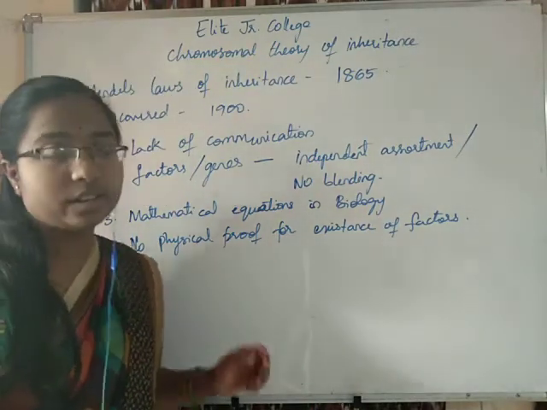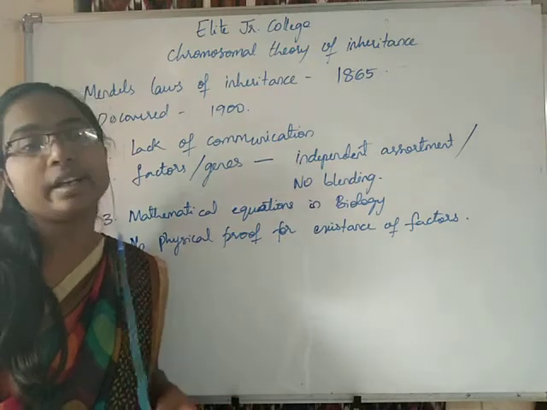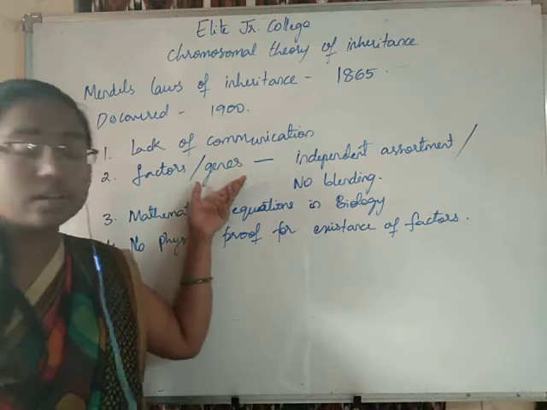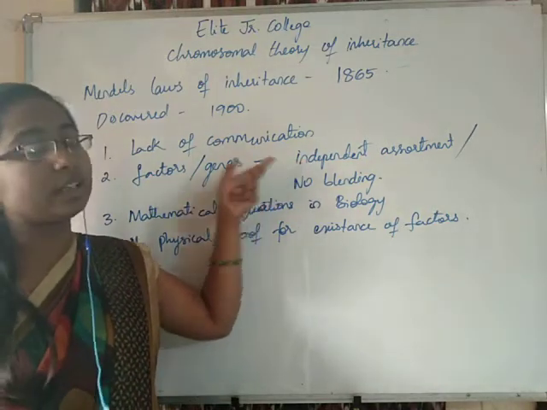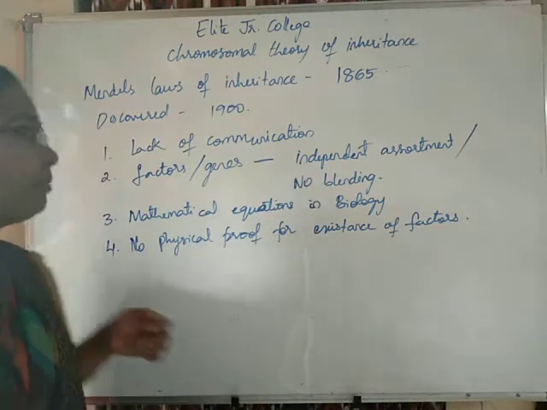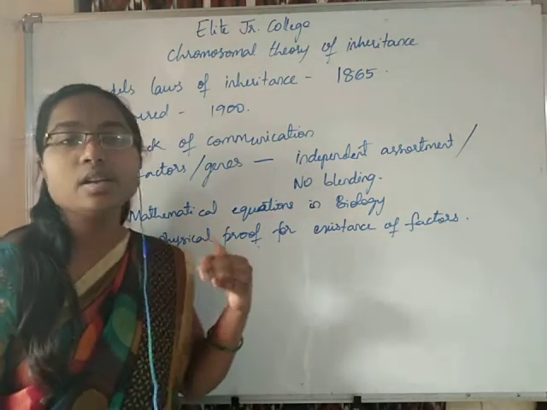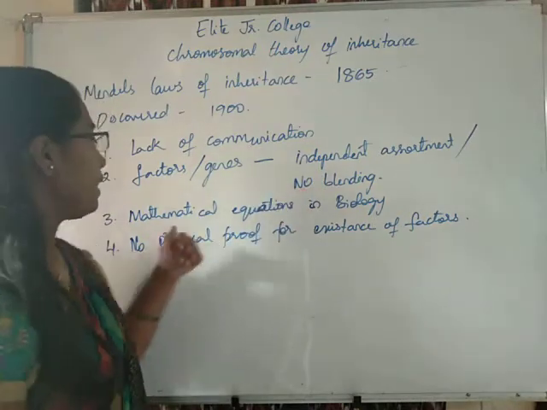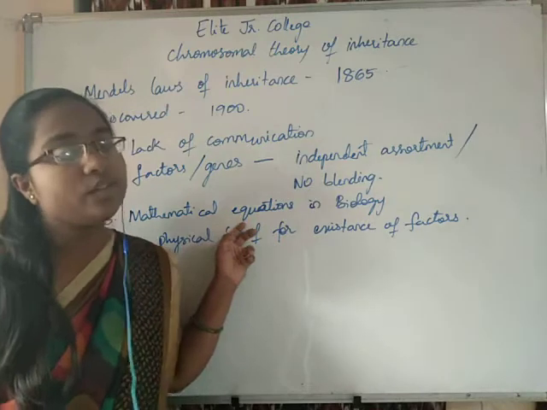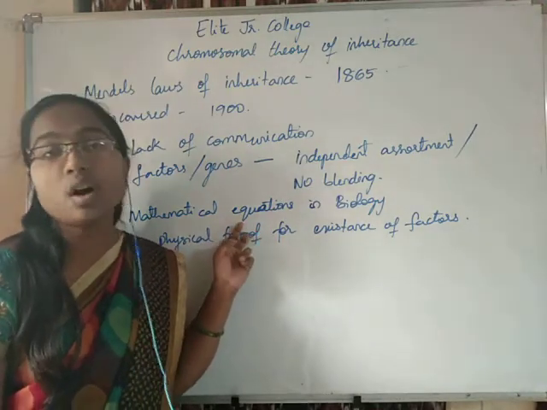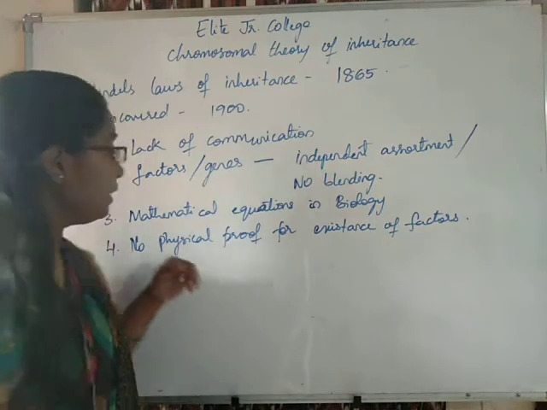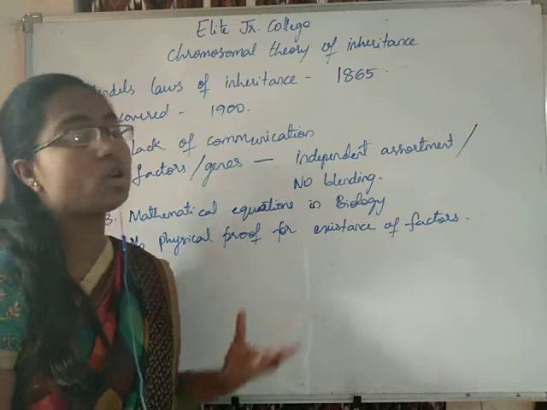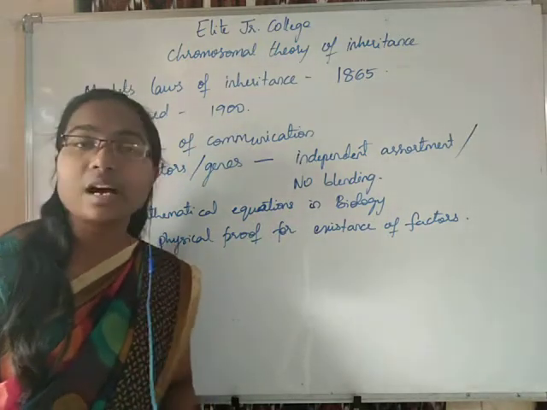These are the different reasons why Mendel's work was not identified until the 1900s: lack of communication; independent assortment, or no blending of characters, was not accepted because of clear variations in living organisms; mathematical equations were applied in biology for the first time and were not understood; and no physical proof for factors was given. Due to all these reasons, Mendel's work was left unidentified.